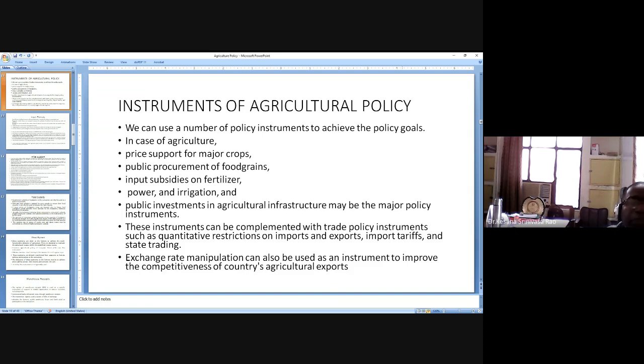Then input subsidies on fertilizer, because the cost of cultivation of fertilizer is very high. That much input cost may not be something the farmer is in a position to bear. That is why the government supplies those types of inputs to the farmers in subsidy form.